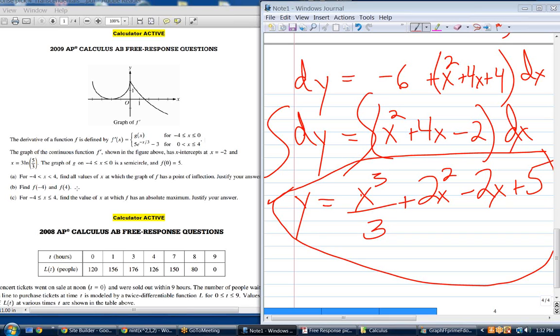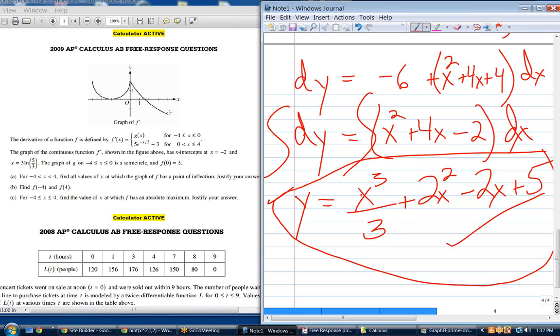Okay, so, oh man, that means I screwed up b. Because to find f of minus 4, I used that right there. That was correct. But to find f of 4, we're talking about an entirely different original function. In other words, to find f of 4, I have to take the integral of that function there.